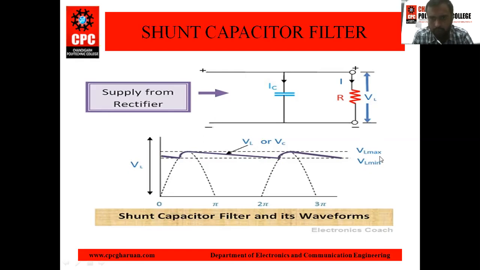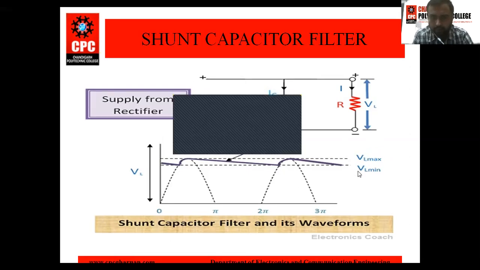So there are two levels, Vmax and Vmin. With the help of Vmax and Vmin, an approximately DC signal is formed at the output of the shunt capacitor filter. Wait a moment.